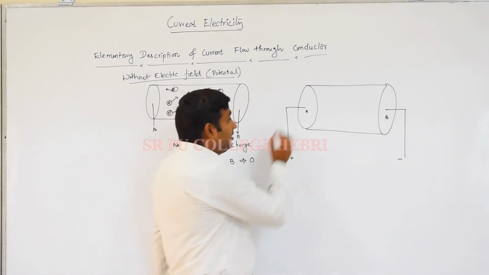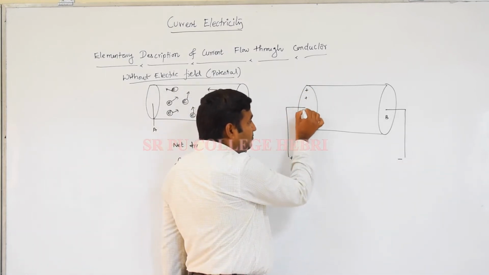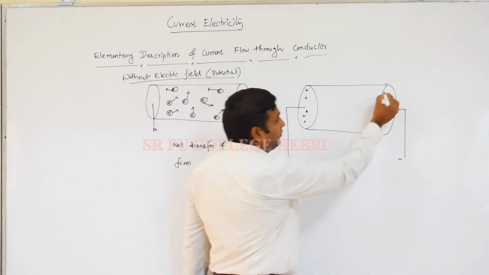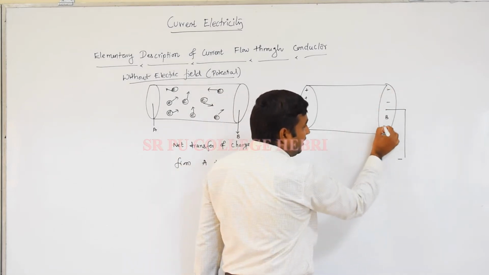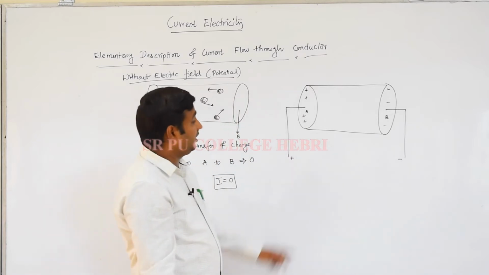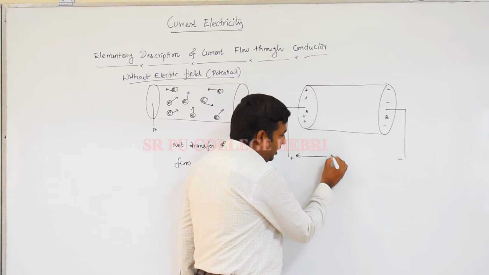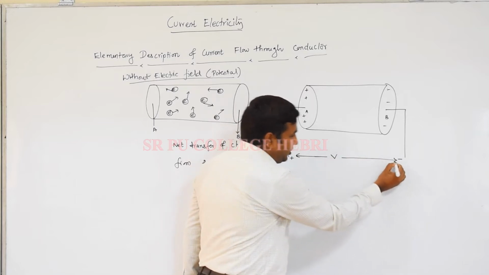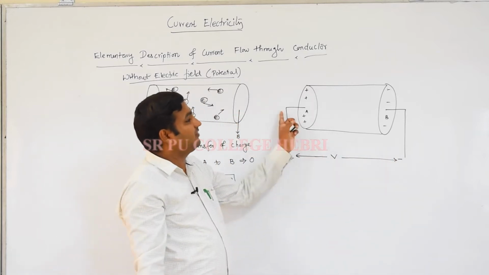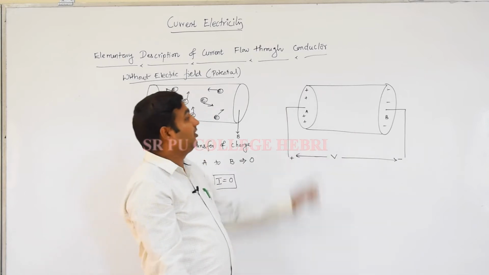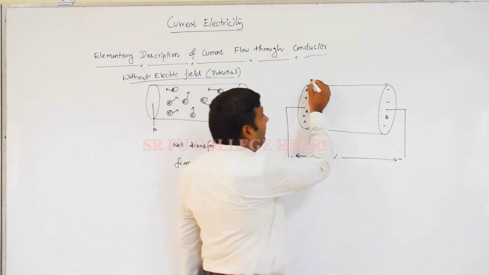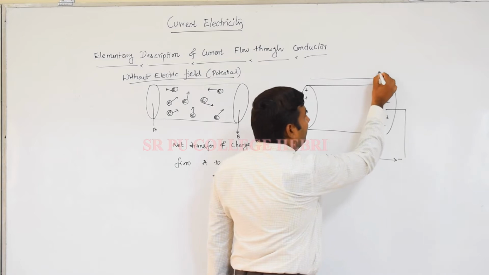Here this entire part is the positive terminal, and this entire part is negative. Automatically, by connecting or applying a potential difference between the ends of this conductor, there will be an electric field from A to B.